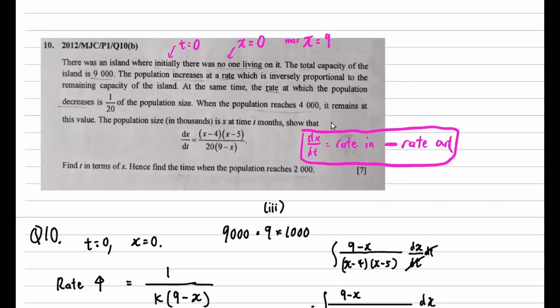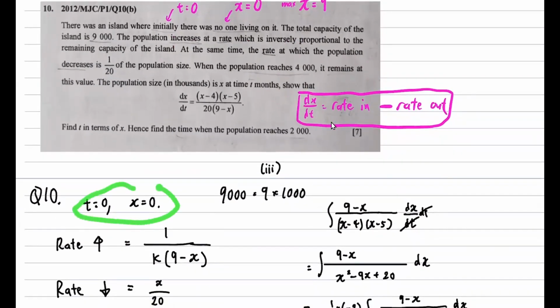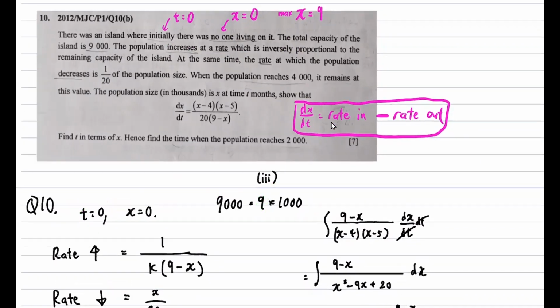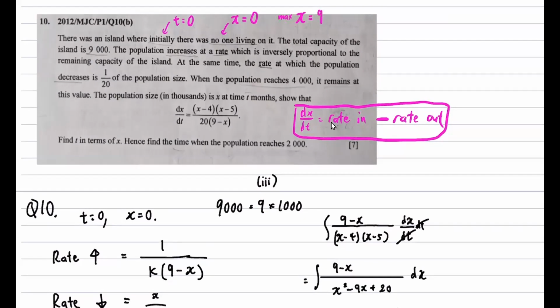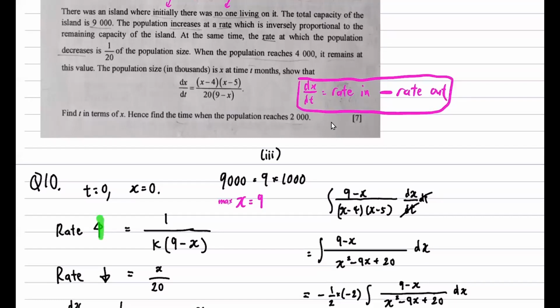So let's go. I just wrote down t equals 0, x equals 0. 9,000 is actually 9 times 1,000, so maximum x is actually just 9. I'll just put it here. Then rate in, okay, rate of increase is the same thing. They told you already that it's inversely proportional to the remaining capacity of the island.